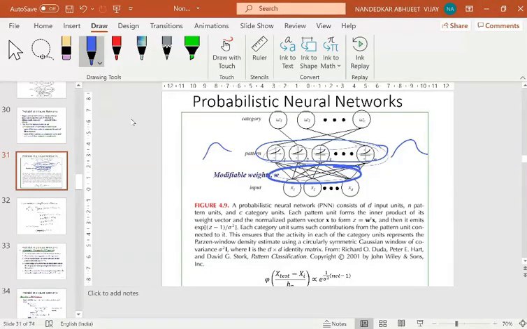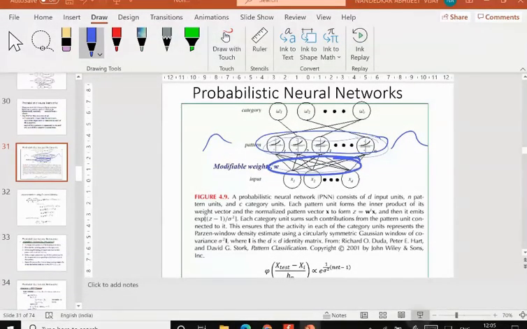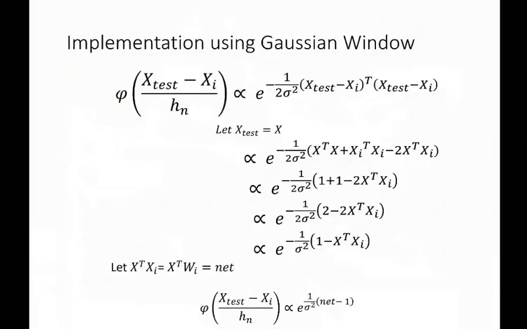So that we have seen in last class. So that was implementation of Parzen window.